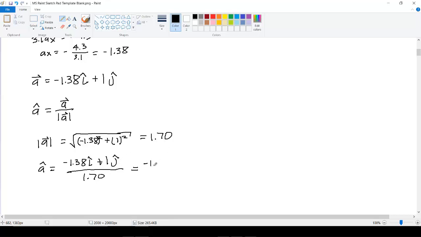So it will be minus 1.38 i hat divided by 1.70 plus 1 j hat divided by 1.70. And the i and the j don't do anything to the division. We're going to just divide 1.38 divided by 1.7. And you just kind of carry the i hat along through the multiplication.